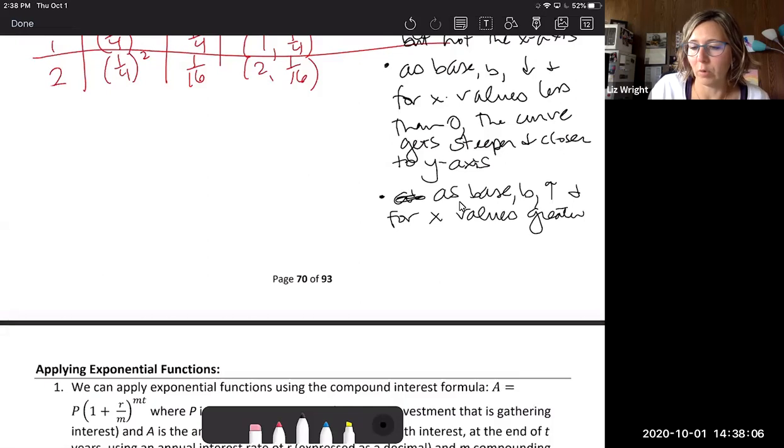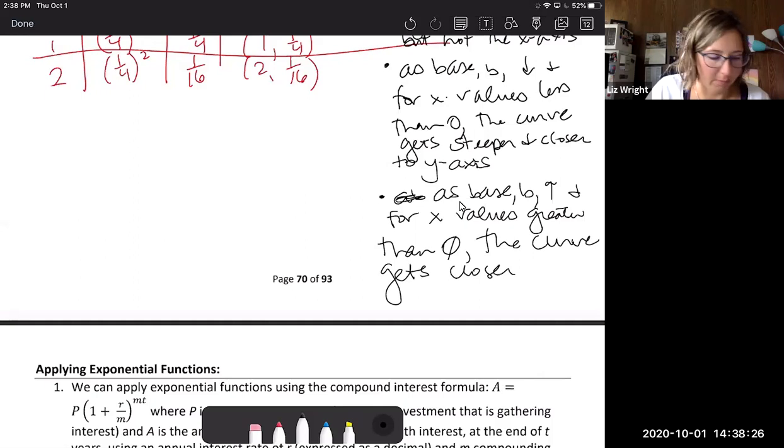Wait, I'm sorry, for quadrant 2. So as base increases, and for x values that are going to be greater than 0, the curve gets closer to the x-axis.